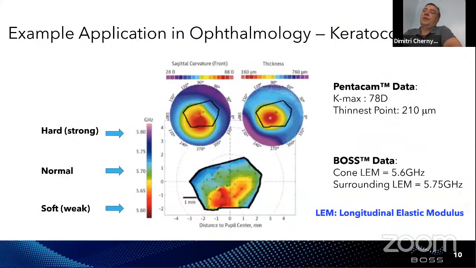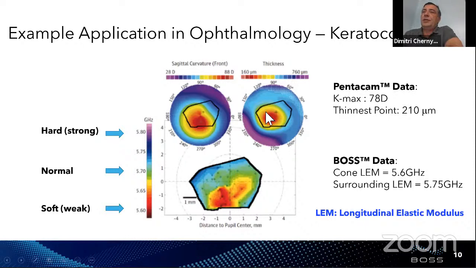So let me give you a little bit of an overview of what type of data the system generates. This is an example of Pentacam images of a keratoconic patient where you see sagittal curvature and thickness maps from Pentacam. And the outline indicates the region that was measured in a fairly high level of detail by the Brillouin spectroscopy.